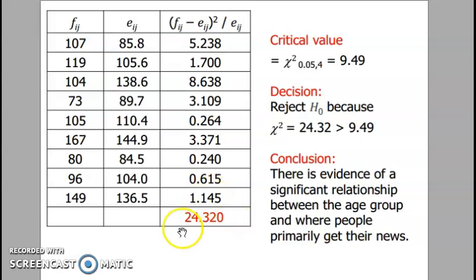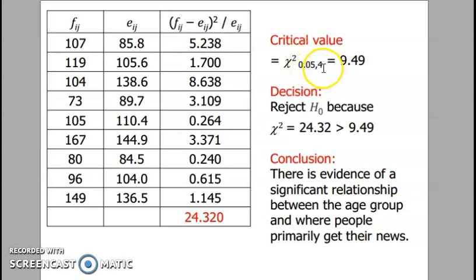Any test statistic we need to compare with the critical value. We are using a 5% level of significance, which is 0.05, and then we need to find the degrees of freedom. The degrees of freedom is (R minus 1) multiplied with (C minus 1). We have 3 rows, so 3 minus 1 is 2.